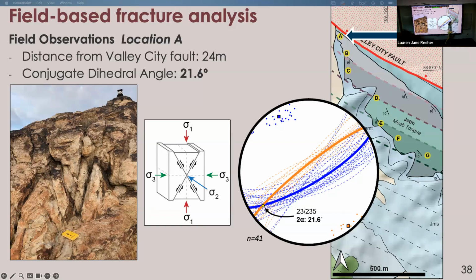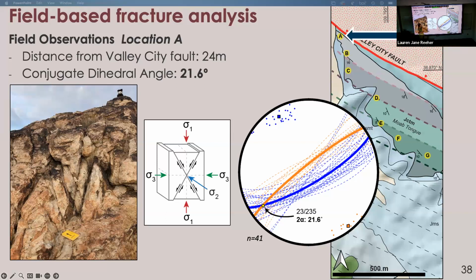Each one of these distance bins is about 100 meters. Right up next to the Valley City Fault, we see conjugate shear fractures that have a highly acute dihedral angle of about 20 degrees. For the Andersonian mechanics, with that linear model, we always expect the conjugate dihedral angle to be about 60 degrees. So that's highly acute.